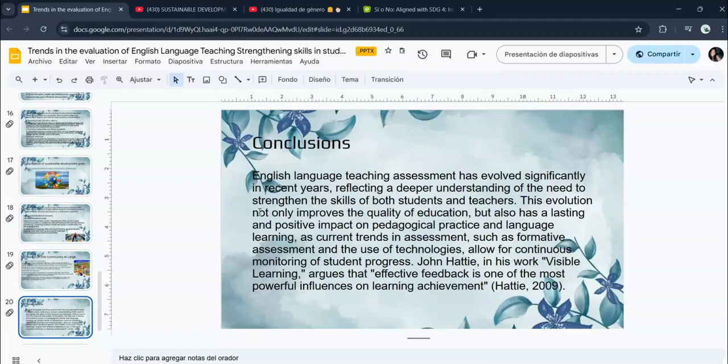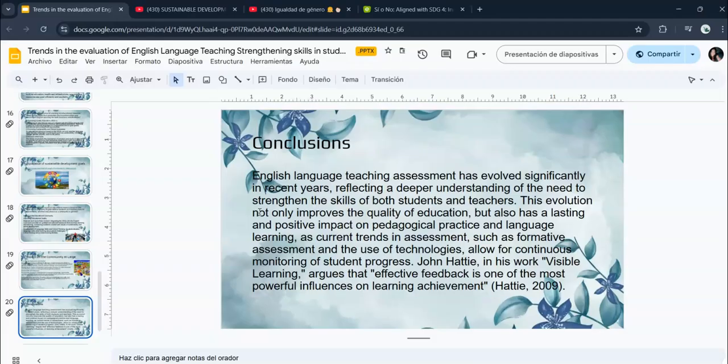This evaluation not only improves the quality of education, but also has a lasting and positive impact on pedagogical practice and language learning, as current trends in assessment, such as formative assessment and the use of technology, allow for continuous monitoring of student progress. John Hattie, in his work Visible Learning, argues that effective feedback is one of the most powerful influences on learning achievement.